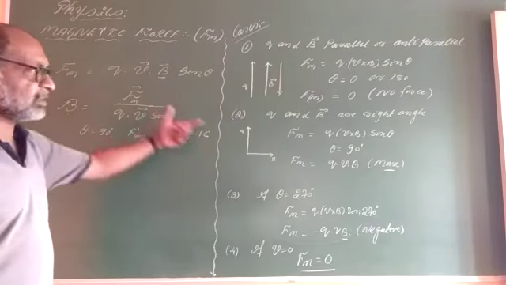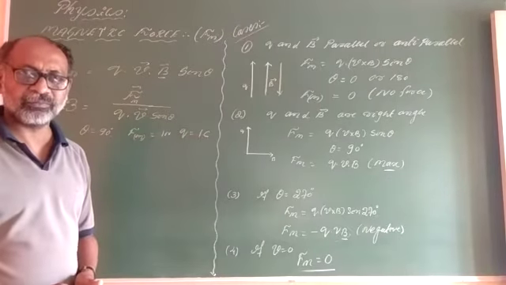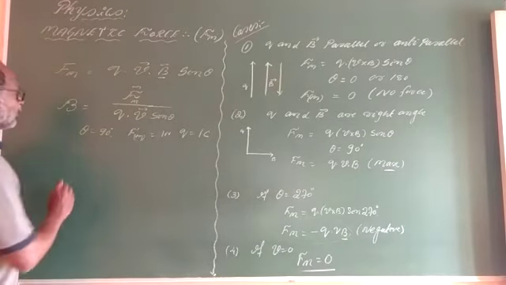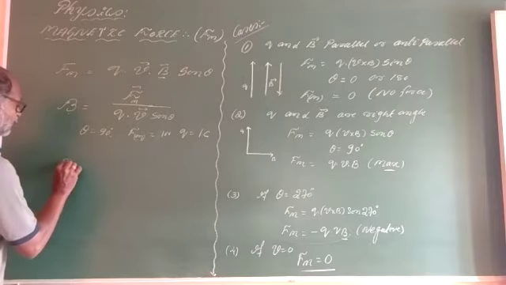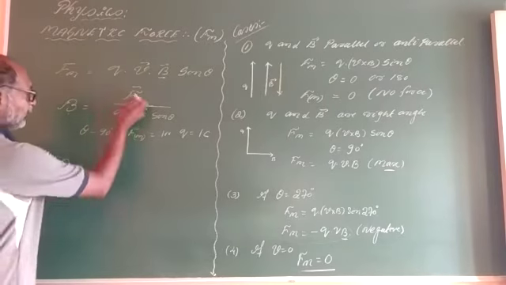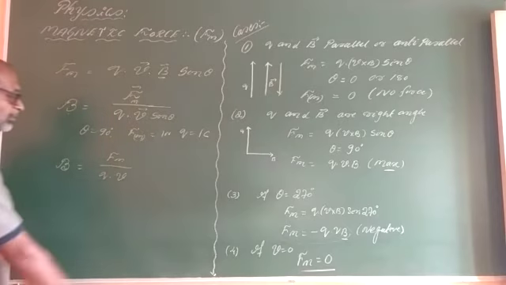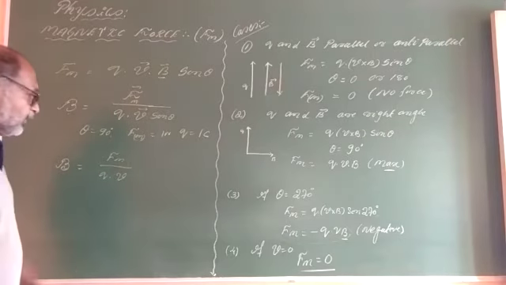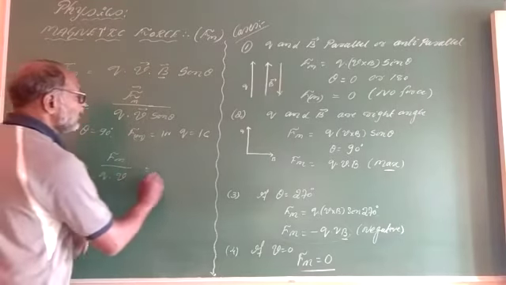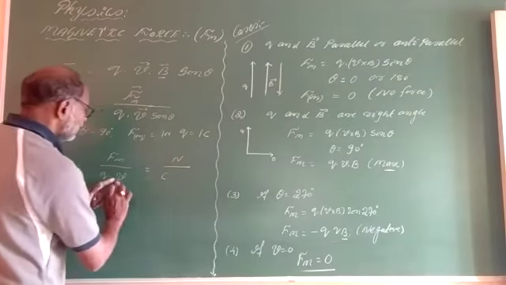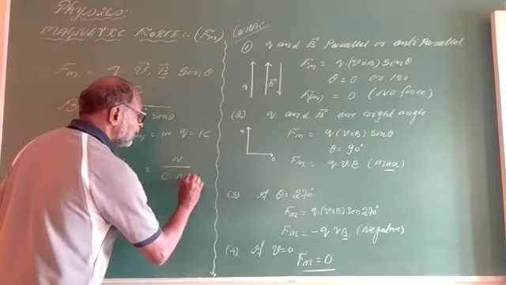So B is equal to F_M divided by Q V. Therefore, this is Newton divided by Coulomb times meter per second.